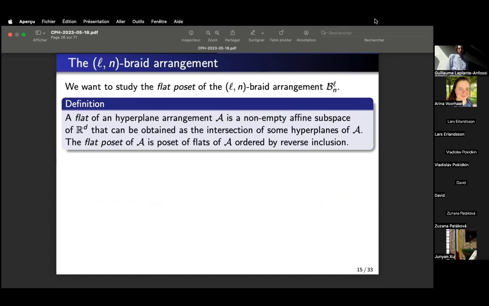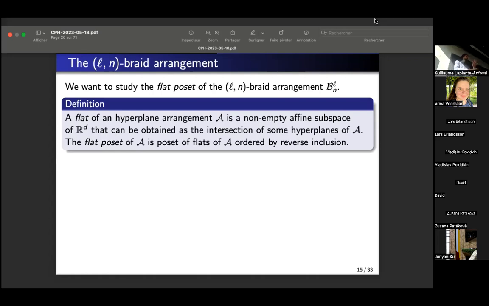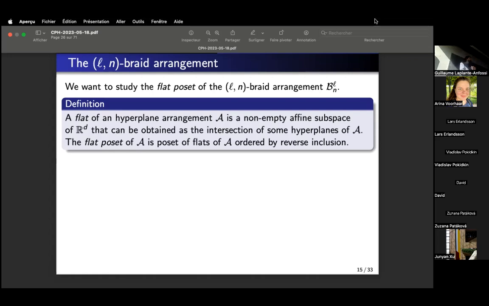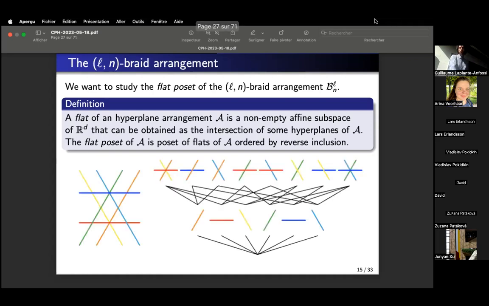More precisely, we're interested in the flat poset of the braid arrangement. So it is the poset of intersections of the different hyperplanes, ordered by reverse inclusion. So here you have an example. On the left, you have this perturbed braid arrangement that we're interested in, and on the right, you have the flat poset.